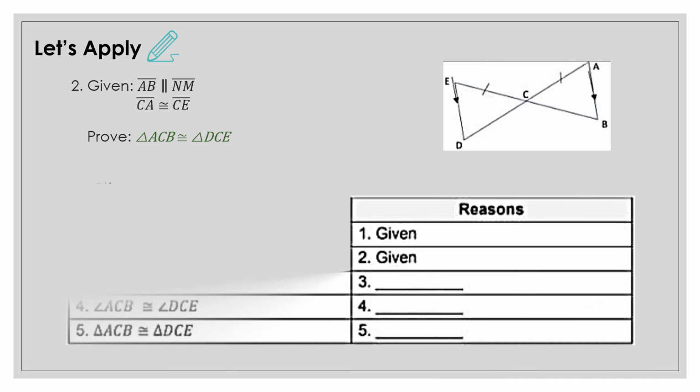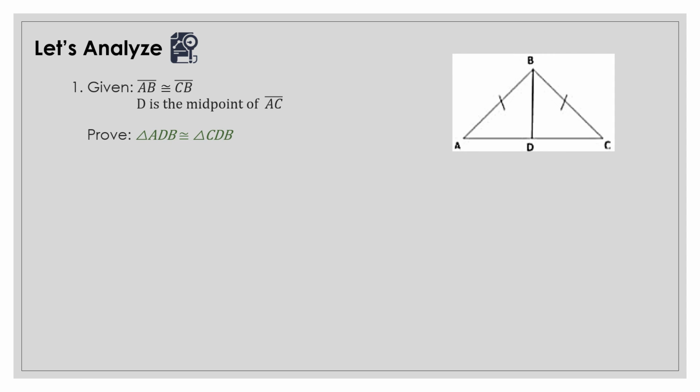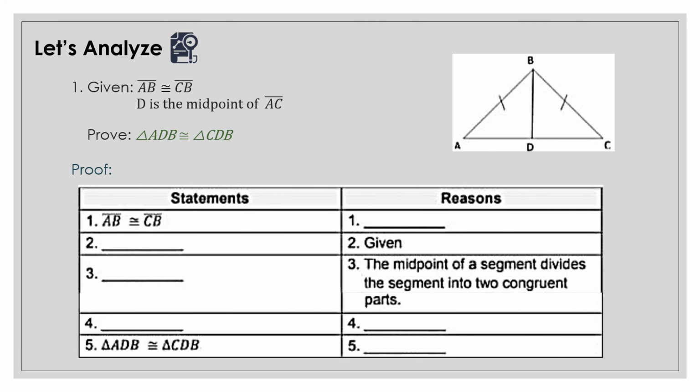Now it's your turn to answer number 2. Let's answer together the first part of Let's Analyze. We have our illustration on the right and we have the given. Again, fill in the missing information for our statements and reasons.